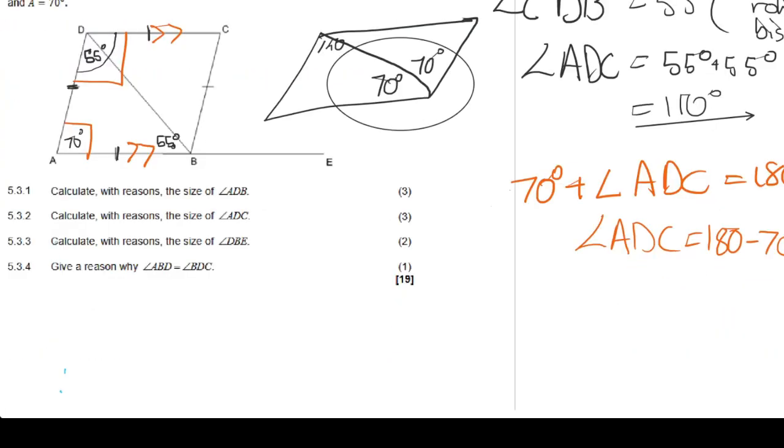Right, so this question, calculate with reasons the size of BDE. There's B, there's D, there's E, which is this angle, right? We used this one, we used this. Now let's use this one. So thankfully they put it right here. So this would be DBE, right? Which doesn't this look like this?